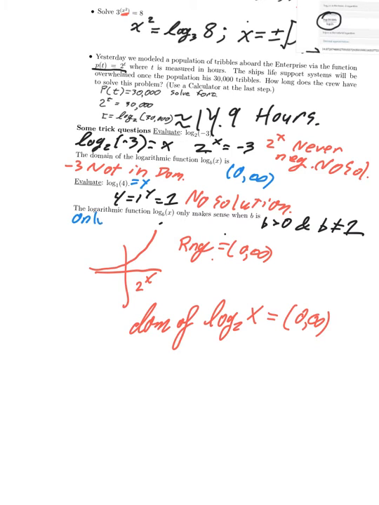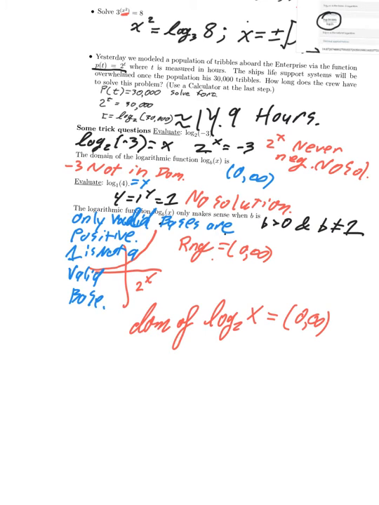The only valid bases are positive. I won't allow a negative base. 1 is not a valid base. So I won't allow negative numbers in the base. I won't allow 0 in the base. I will not allow 1 in the base of a log. Nice.